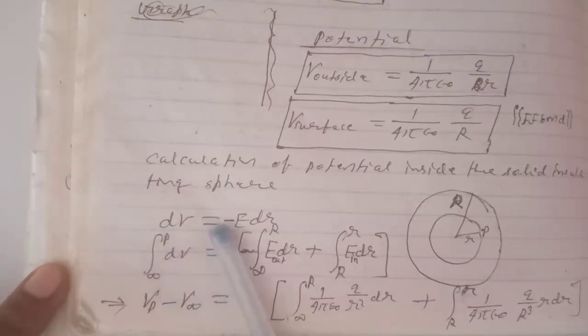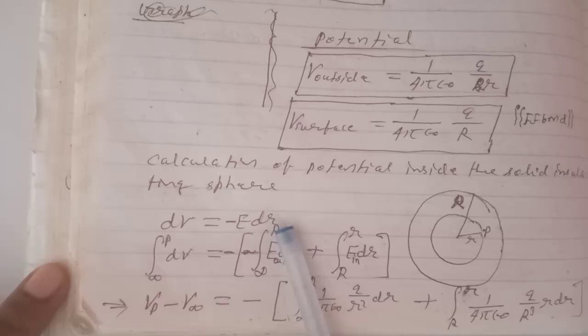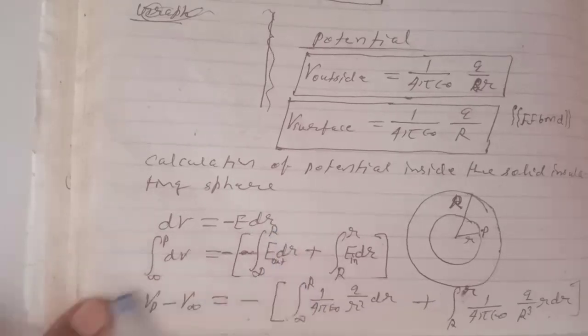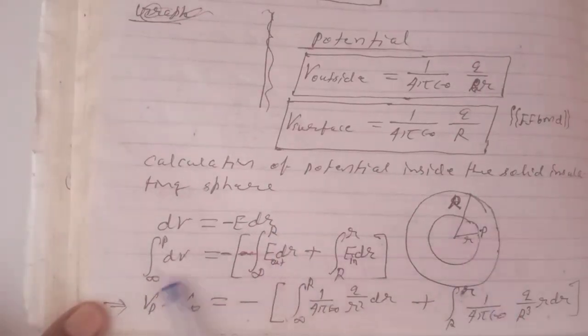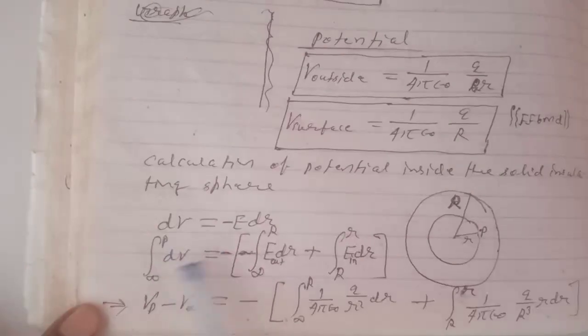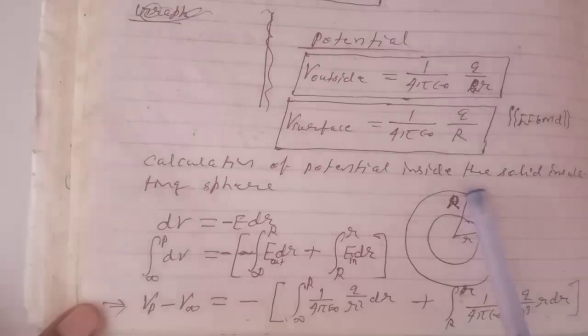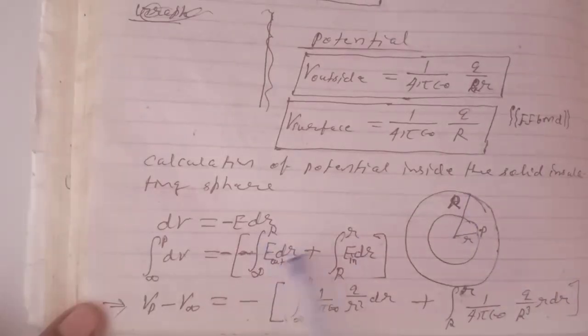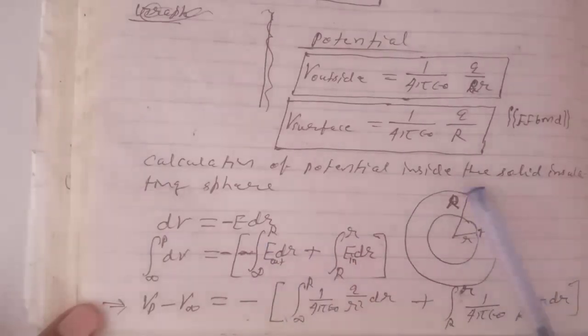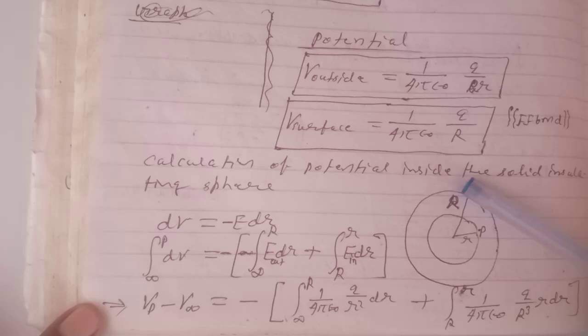So we know that dV equals minus E dr. So we have to calculate for an inside point. So from infinity to P, dV equals minus of, first we integrate from infinity to the surface, so infinity to R, E out dr. The point is near or at the surface, so we can use the formula for E out.